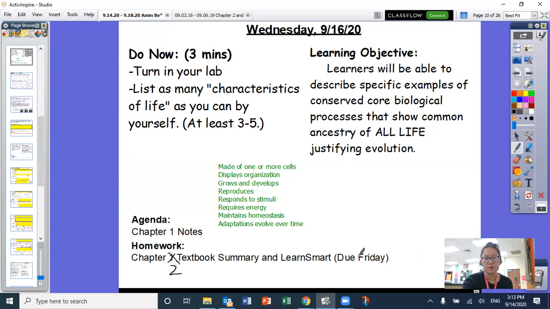And that's not actually due Friday. That's actually going to be due next time I see you, which is going to be next Tuesday. Sorry, I'm writing on my computer right now, and this is kind of hard. But you get the point, okay? So chapter 2 textbook summary and Learn Smart is going to be due Tuesday because you should have already turned in your chapter 1 summary and Learn Smart to me by this class period.